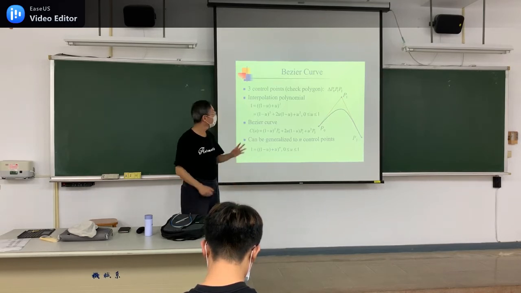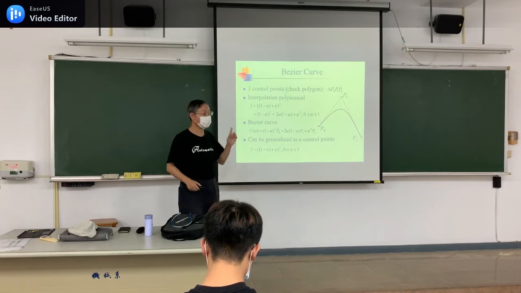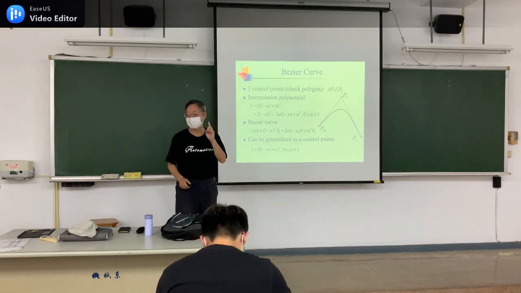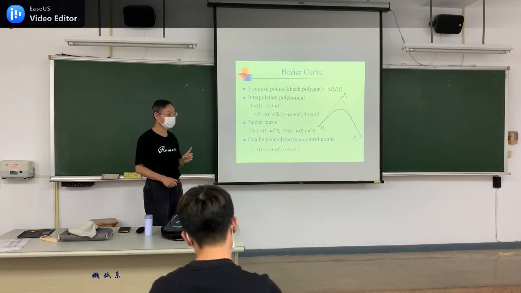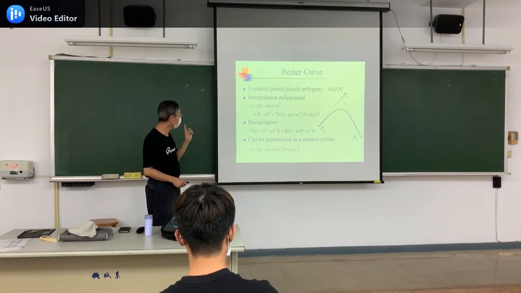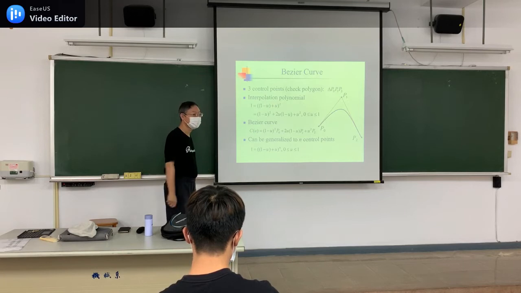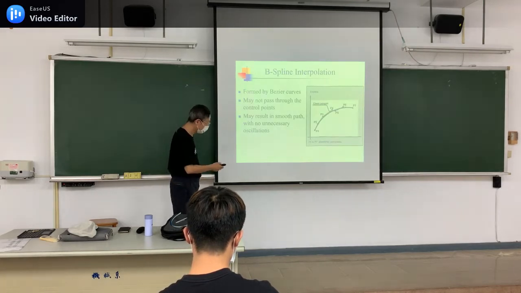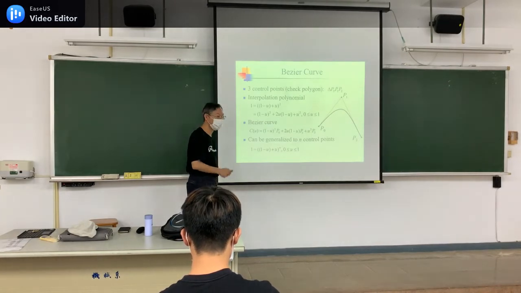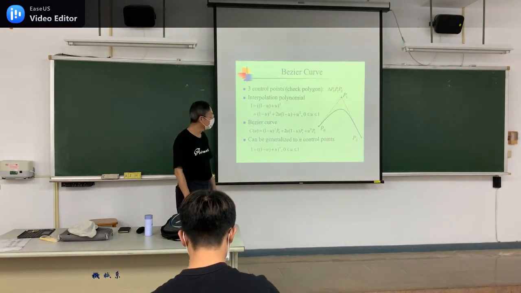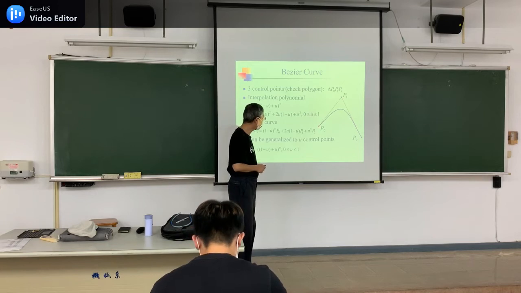In other words, the Bezier curve is a parametric polynomial curve. He used a parameter U. And U is from 0 to 1. So when U is 0, it will be here.